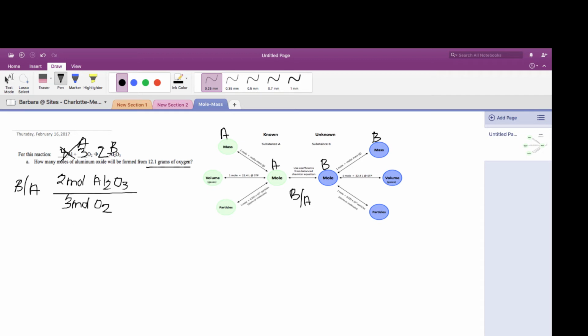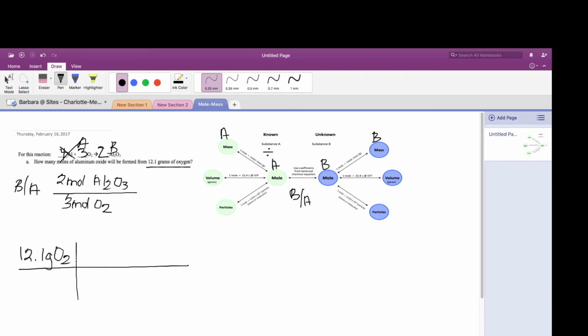Let's start off with the given, which is 12.1 grams of oxygen. Looking over here, we're going from mass of A to moles of A. To go from mass of A to moles of A, you will divide by the molar mass.